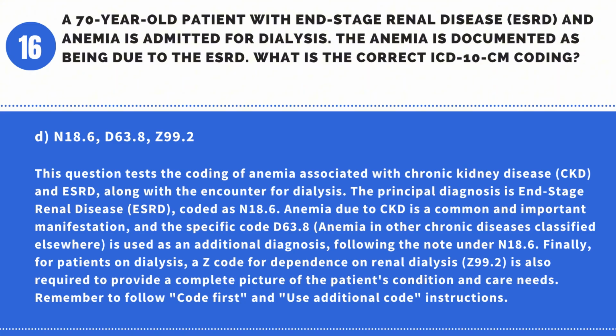Anemia due to CKD is a common and important manifestation, and the specific code D63.8, anemia in other chronic diseases classified elsewhere, is used as an additional diagnosis, following the note under N18.6. Finally, for patients on dialysis, a Z code for dependence on renal dialysis, Z99.2, is also required to provide a complete picture of the patient's condition and care needs. Remember to follow code first and use additional code instructions.